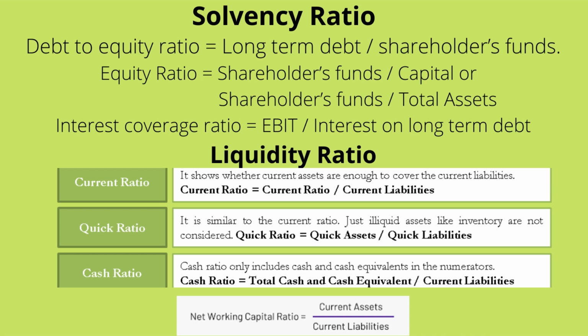The cash ratio formula is total cash and cash equivalent divided by the current liabilities. The net working capital ratio formula is current assets divided by current liabilities. This is important. The quick ratio is also known as acid test ratio. Acid test ratio is commonly known as quick ratio. I hope it is clear.